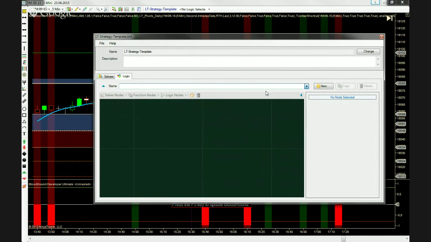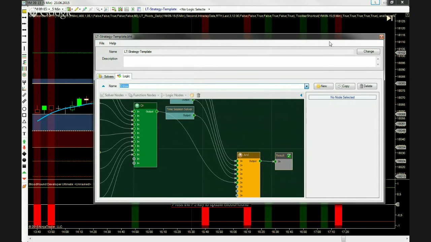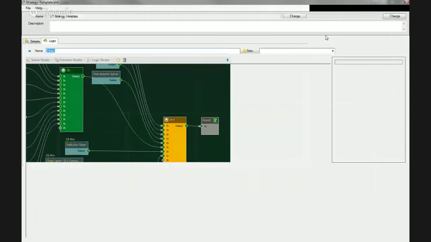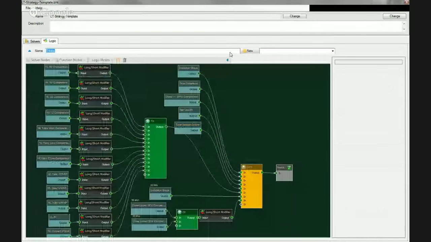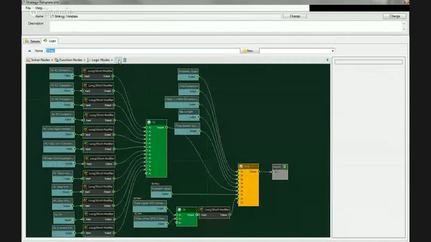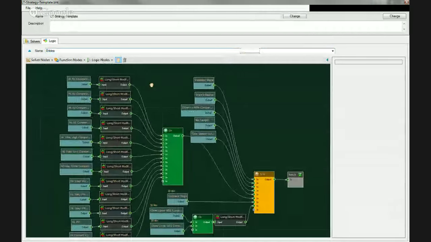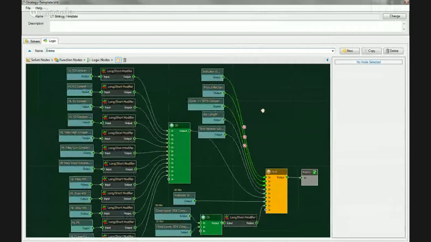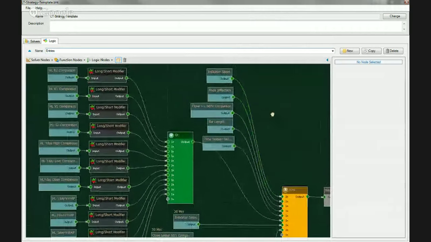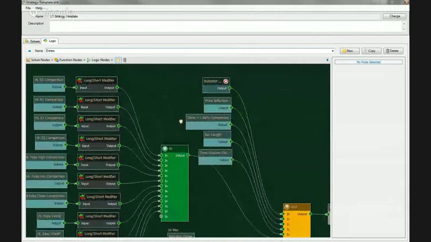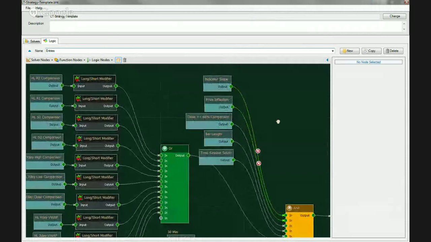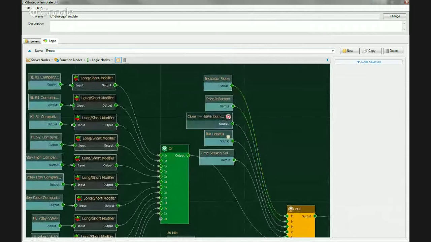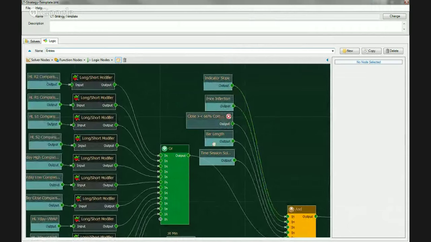It will be, as I said, too much to go through all the conditions here, but I think you can deduce from what I've shown here how to put it together. So over here we have the price action rules that I just went through: the indicator slope, the price inflection, the buying and selling pressure.